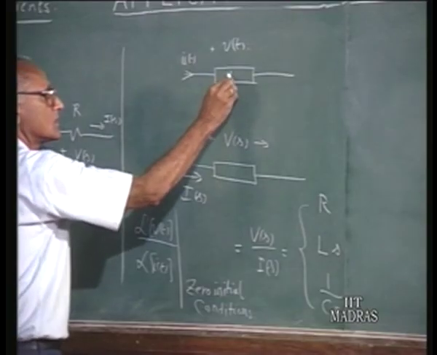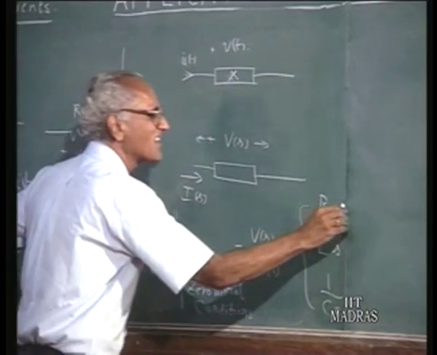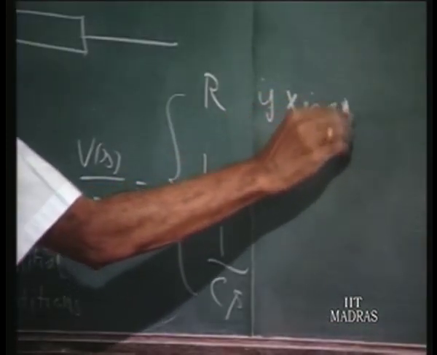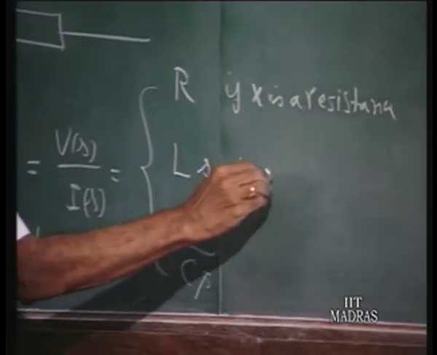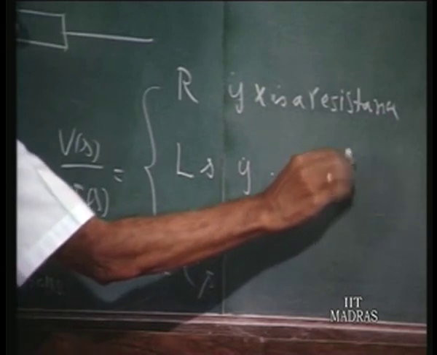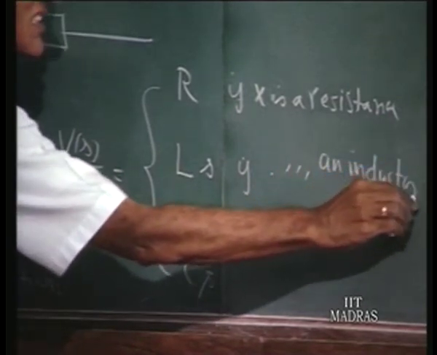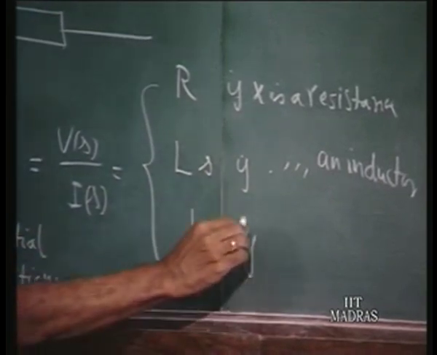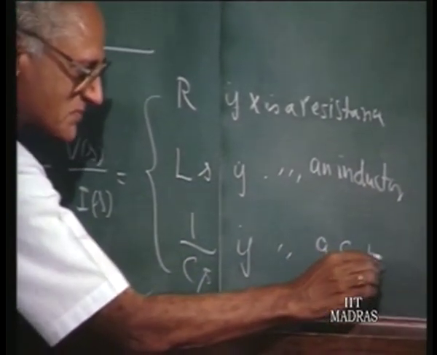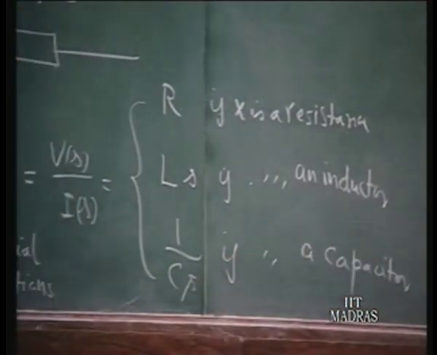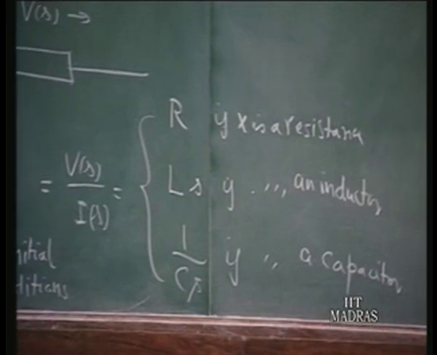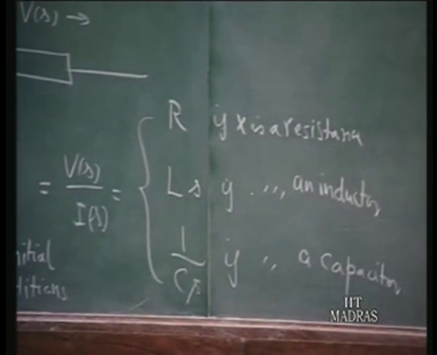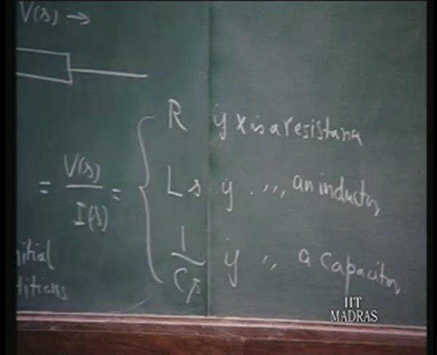So this is R if X is a resistance, Ls if X is an inductor, and 1 over Cs if X is a capacitor. So we can think of this as a generalized impedance of this element, either R, Ls or 1 over Cs, and this of course can be extended to a combination of the elements. Suppose an inductor and resistance are in series, we can say the generalized impedance is R plus Ls, and so on and so forth.